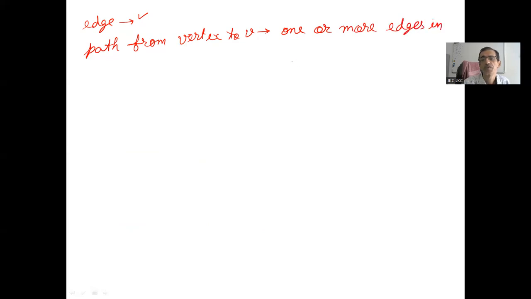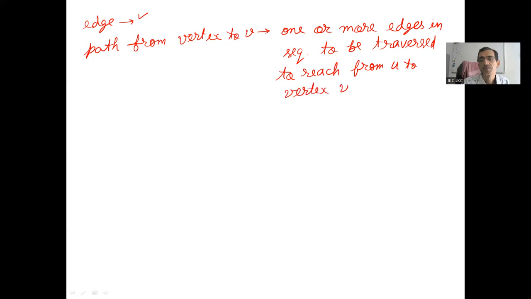In sequence, of course, so that sequence is important, to be traversed to reach from U to vertex V.